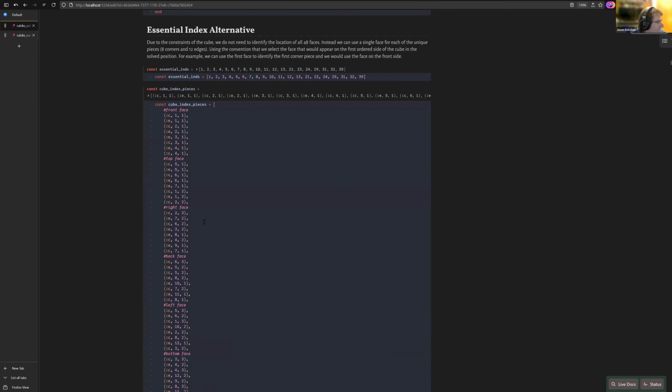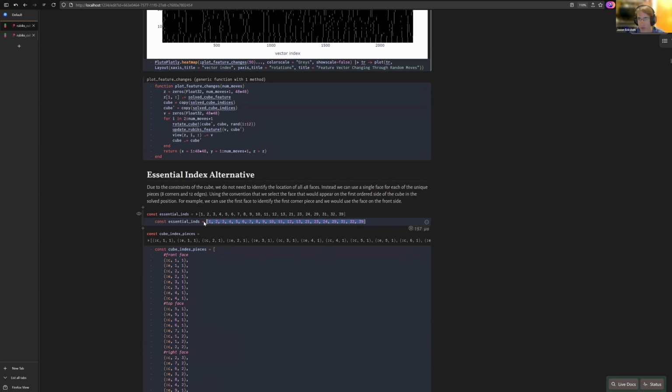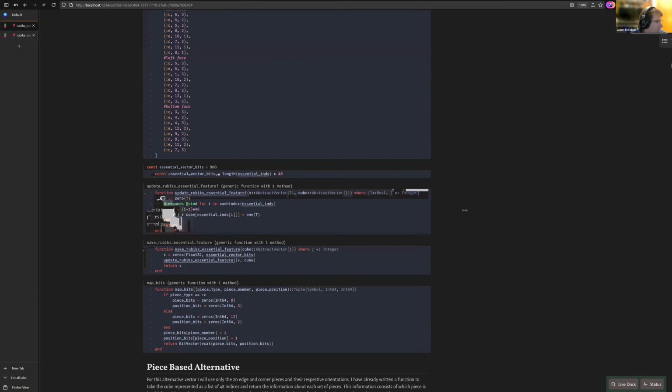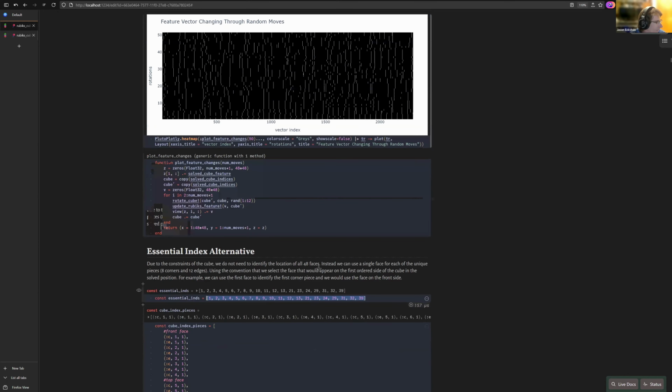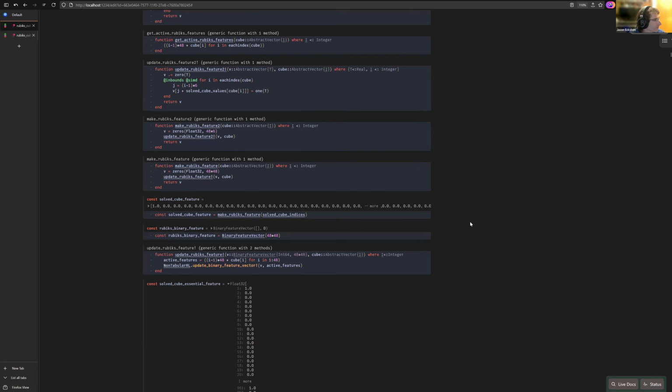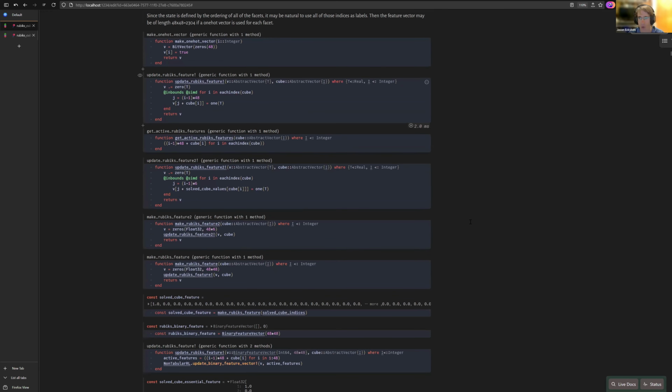These are essential indices. These are the only indices we really need to define the cube. And then there are some other alternatives that you could consider. But for now, we'll just think of it this way, where we have it as sparse as possible. But it's basically just a one-hot vector.